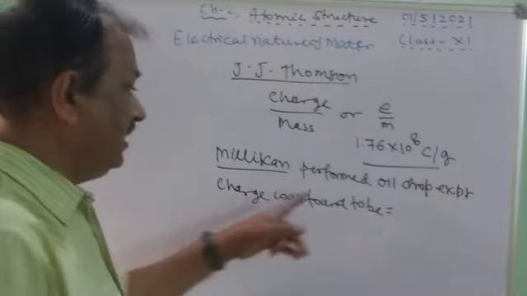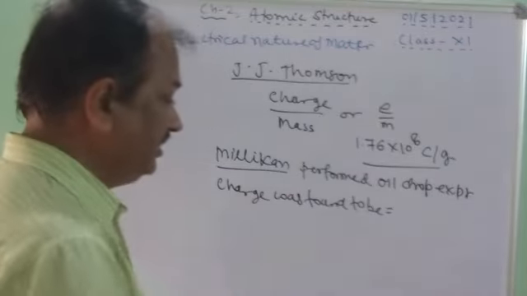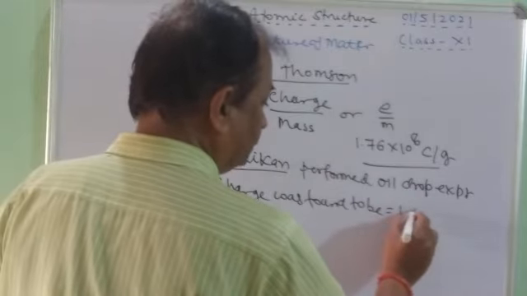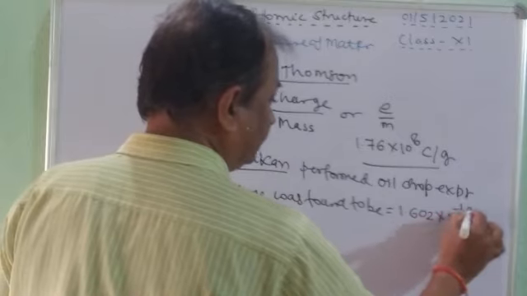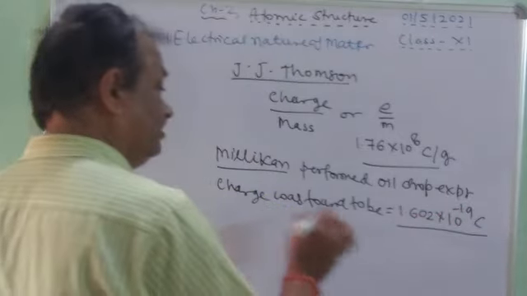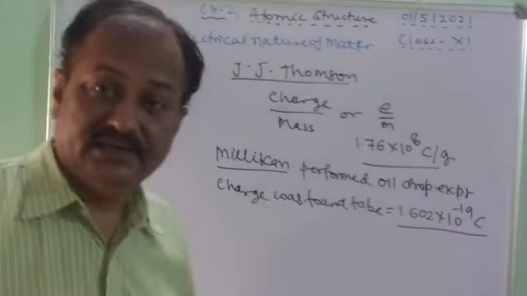He found it to be 1.602 × 10^-19 coulomb. This is the charge on an electron.